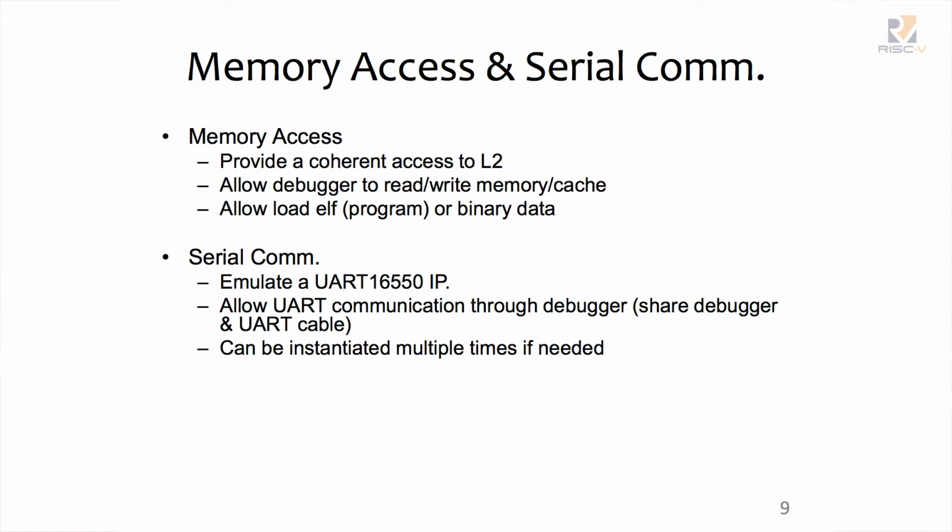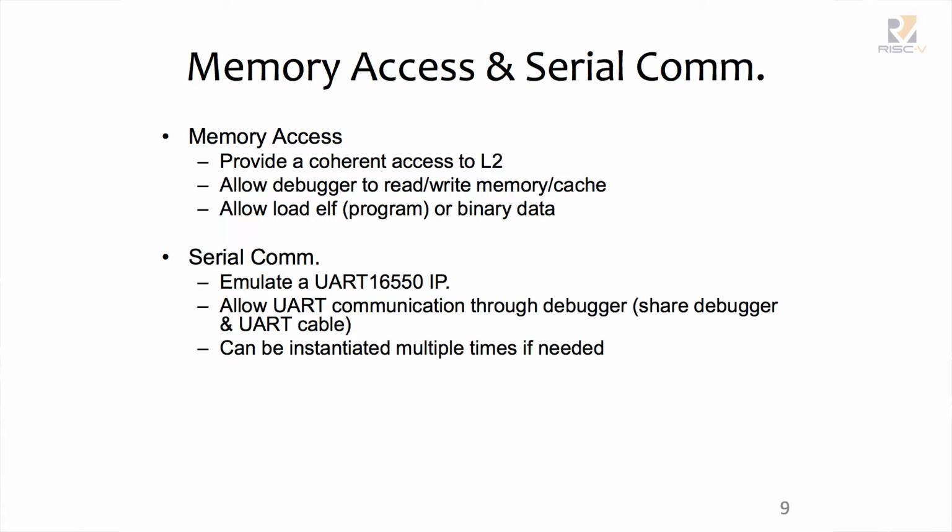The memory access module basically gives the trace debugger a way to load the program you want to run into the system. Before that, you stop the processor. Then the memory access module gives you access to the L2 coherent bus, and then you can load your program.